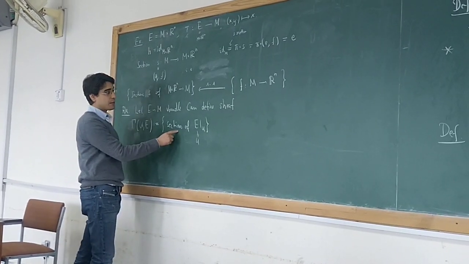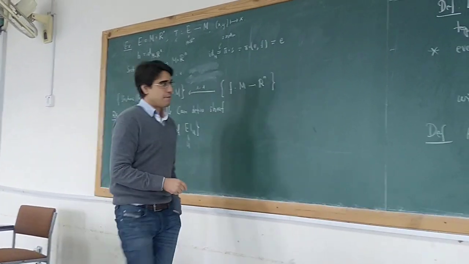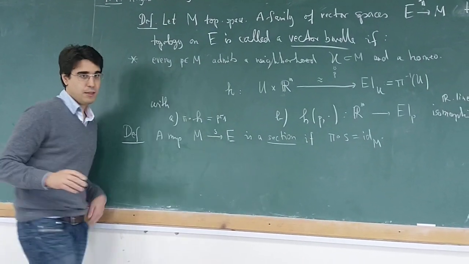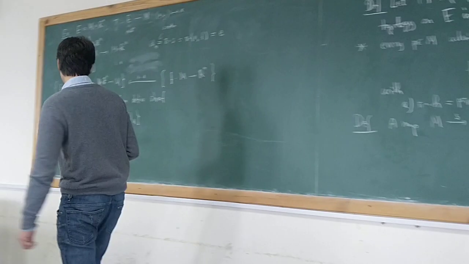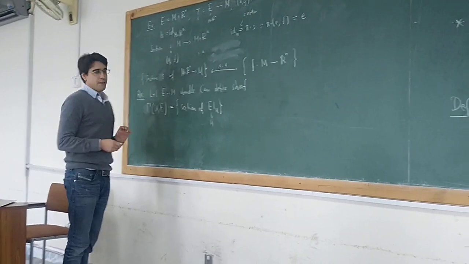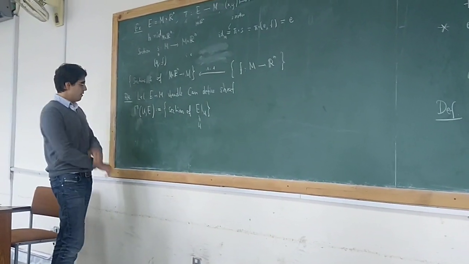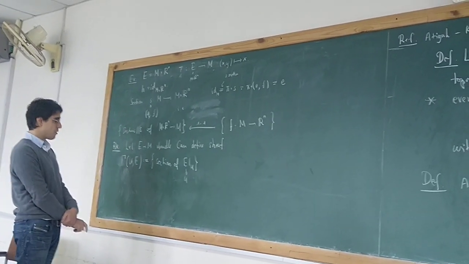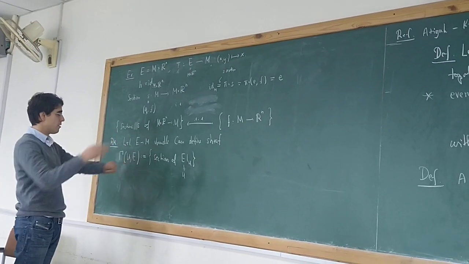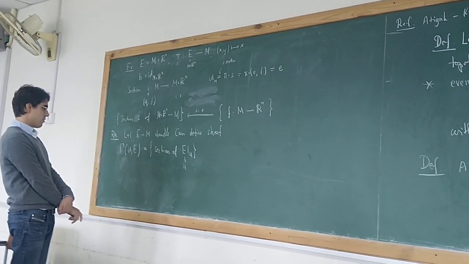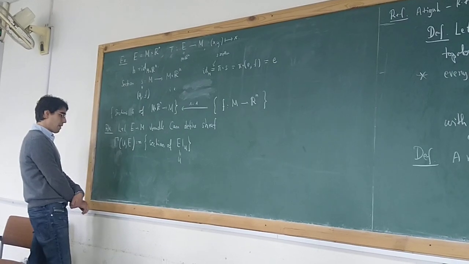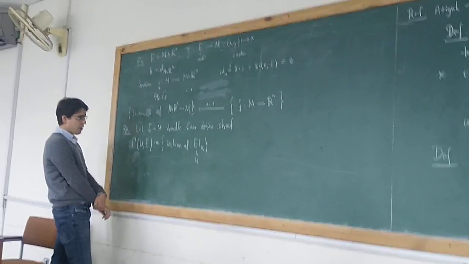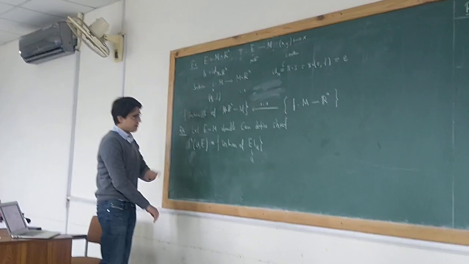You can add sections because we have this operation of addition on the fibers of E. We can add them, and it's even more than just a sheaf of abelian groups. It's actually a sheaf of modules over the smooth functions, continuous functions in our discussion, on M. That's just an aside. And it is actually an equivalent point of view where you can say that a vector bundle is the same thing.